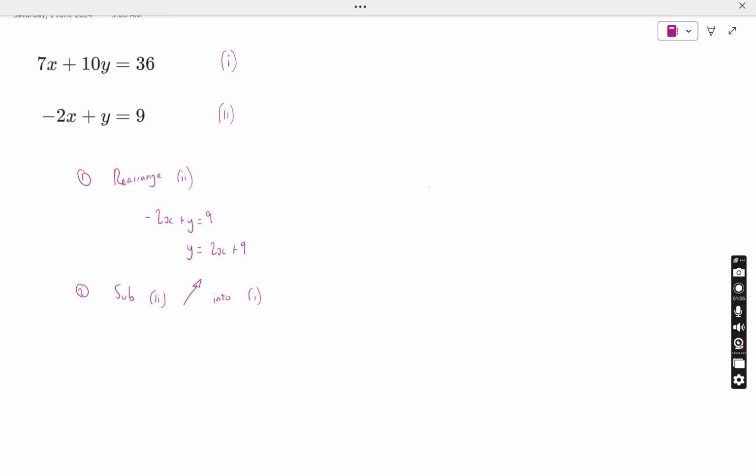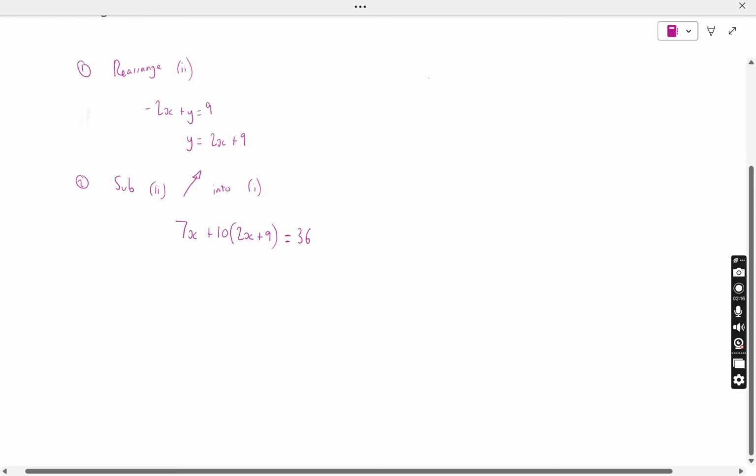So if I rewrite equation 1, I'm going to get 7x plus 10, and now instead of y, I'm going to put 2x plus 9, and then equals 36.